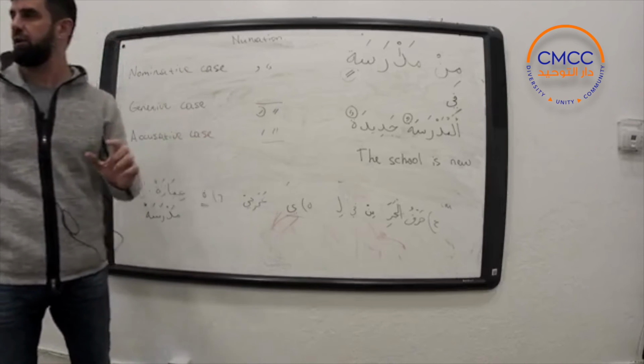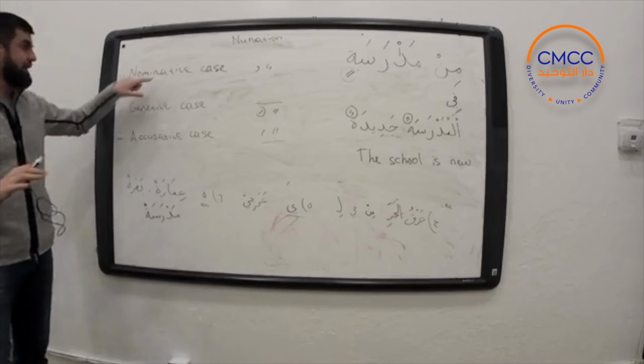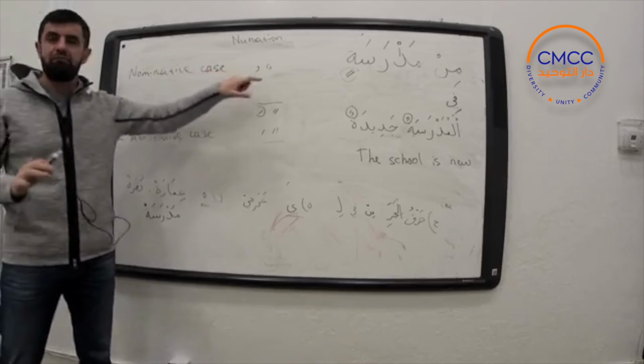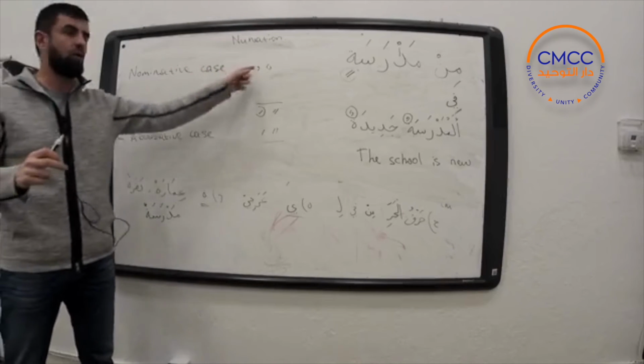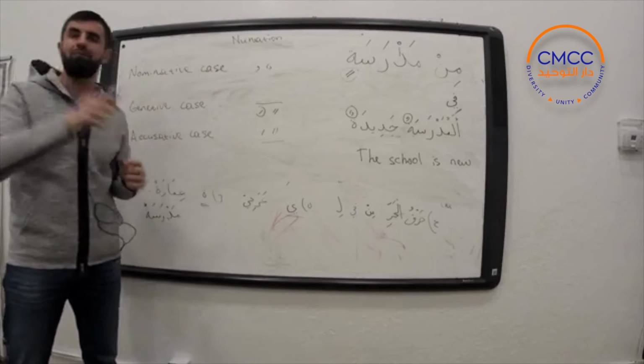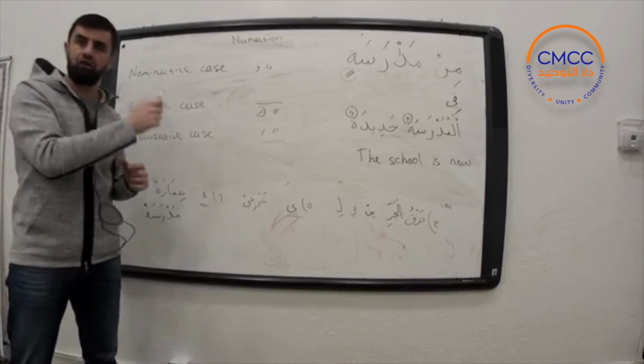Is this clear? Again, when we're talking about the nominative case, a noun has to be un or u: kitabun, al-kitabu, madrasatun, al-madrasatu.